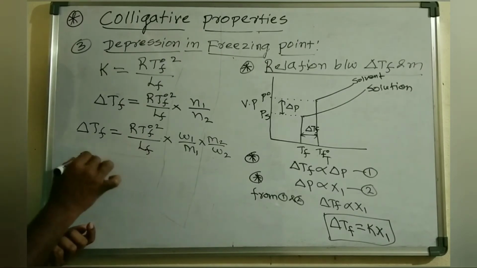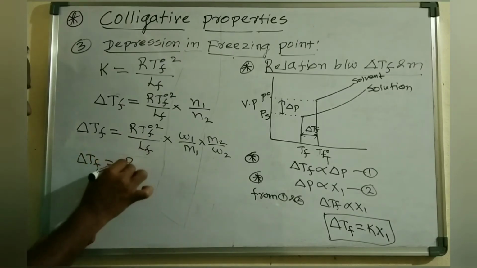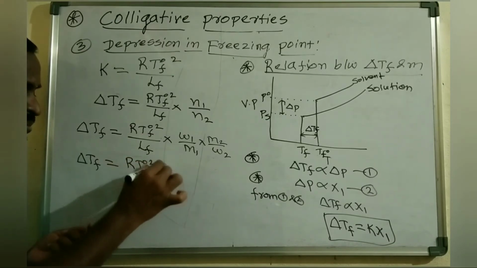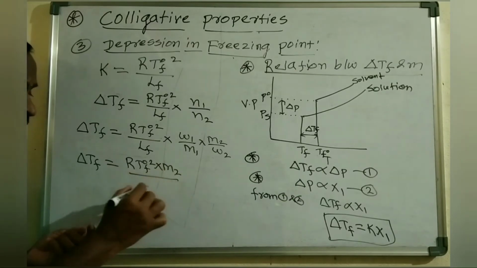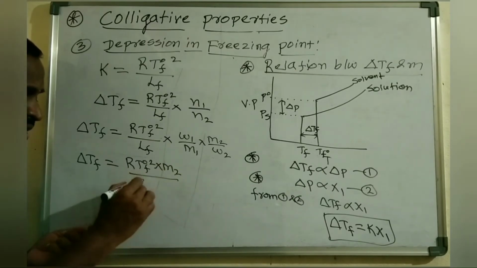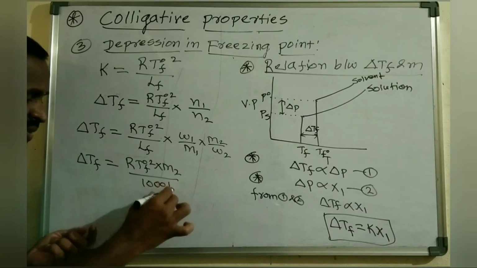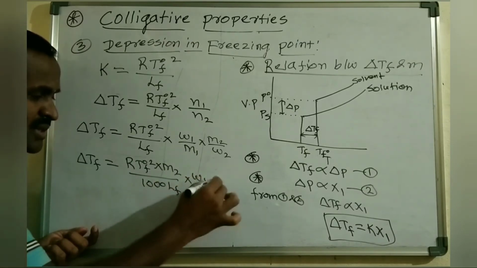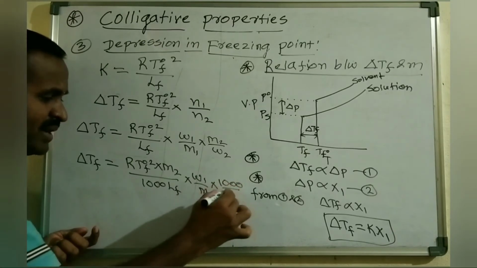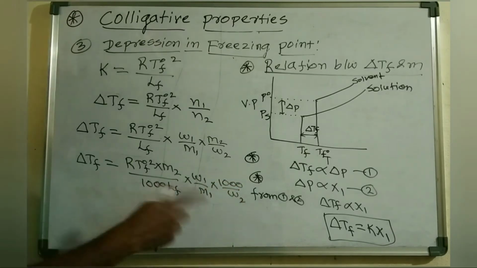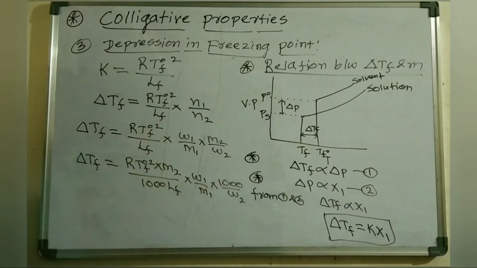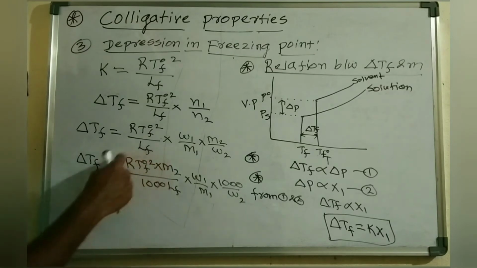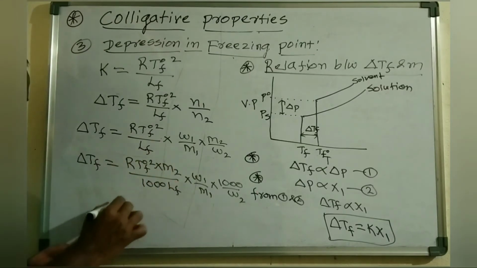Here delta TF equals R T naught F square into M2 divided by 1000 LF into W1 by M1 into 1000 divided by W2. If you cancel 1000 and 1000, you again get the above equation, and this whole term is the molality, and this term is taken as KF.